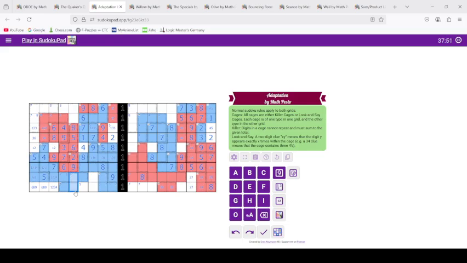1, 3, 4, 7. This is 1. What's this? 1, 3, or 4? In fact, it has to have a 4 in it, which can't go there. So let's go there. 4 then has to go in one of those 2 cells. That's not a 4. This is not a 7. One of those 2 is a 3.